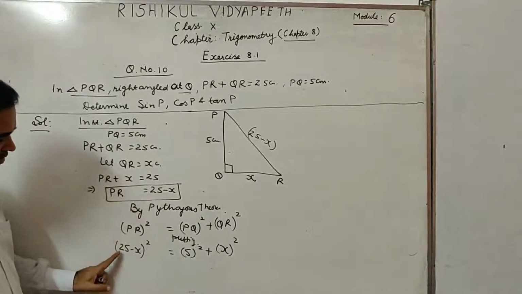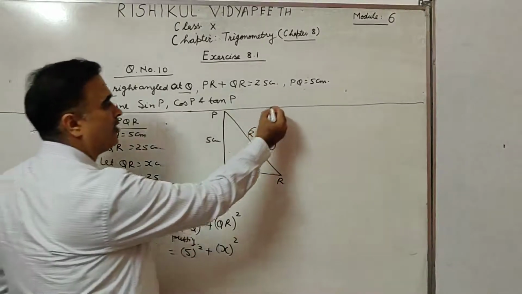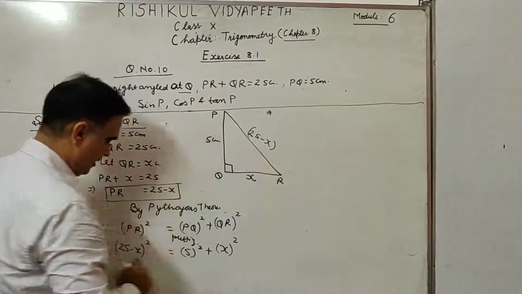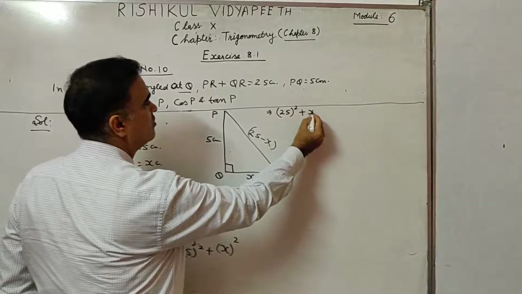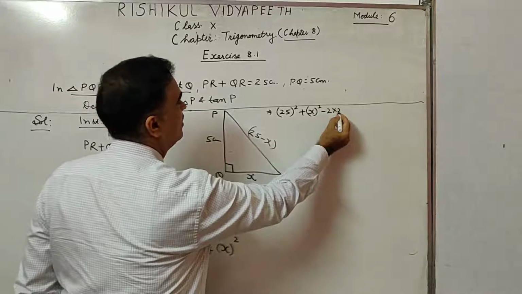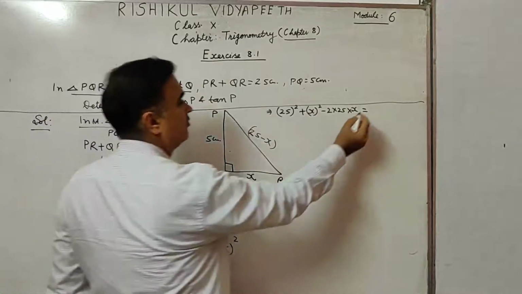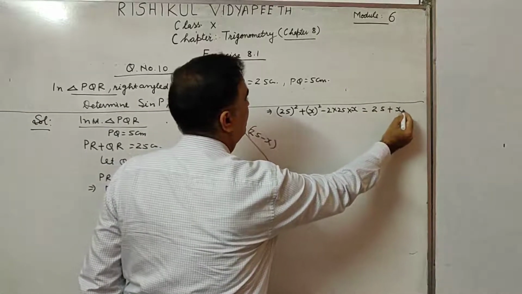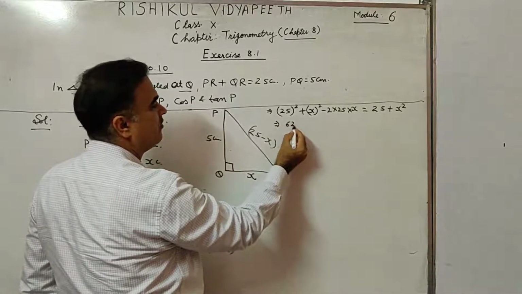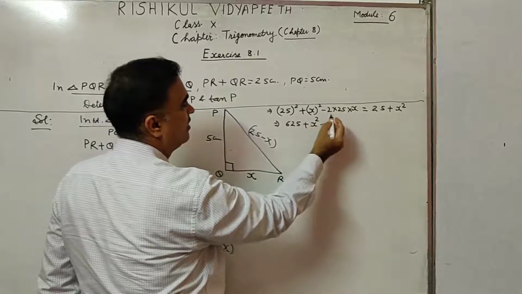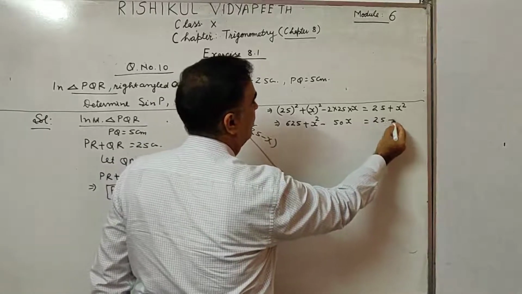Now this, my dear students, is A minus B whole square. To apply this identity, I told you in the first class, A minus B whole square is A square plus B square minus 2 into 25 into X, equal to 5 square, which is 25, plus X square. It becomes 25 square, that is 625, plus X square minus 25 into 2, that is 50X, equal to 25 plus X square.